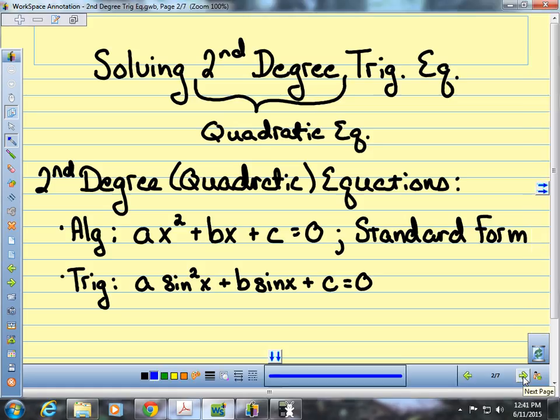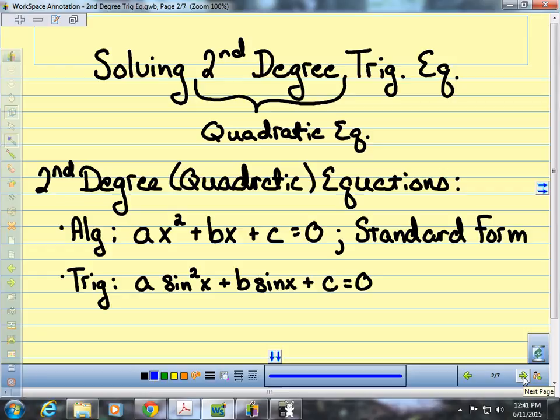Okay. Well, yesterday when we looked at first degree trig equations, we first looked at an algebraic first degree equation. Then we made the transition to the trig equation. So let's do the same thing. We know that an algebraic second degree equation looks like what? What's the form of a second degree quadratic equation? Equals 0.